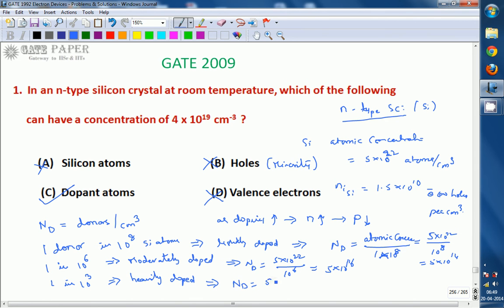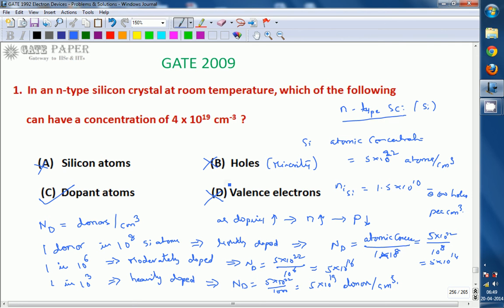Then it is 5 into 10 power 22 divided by 1000, which is 5 into 10 power 19 donors per centimeter cube. The value given is 4 into 10 power 19, which is near 5 into 10 power 19. So whenever the silicon is heavily doped, the donor atoms can be in the range of 4 into 10 power 19 dopant atoms.